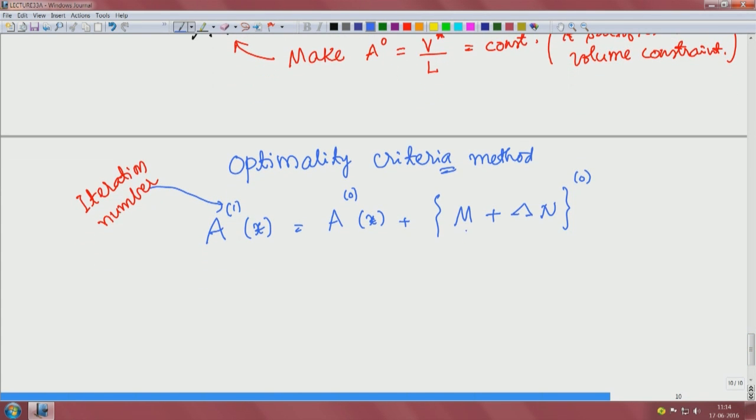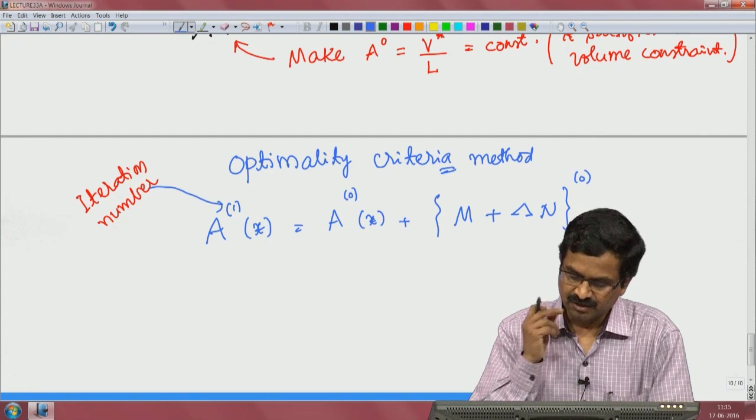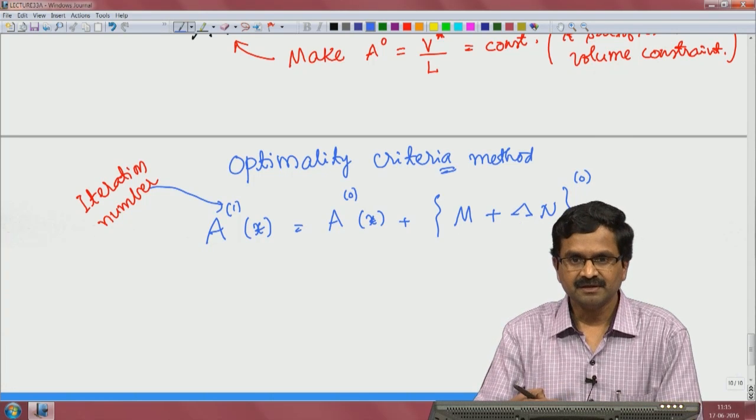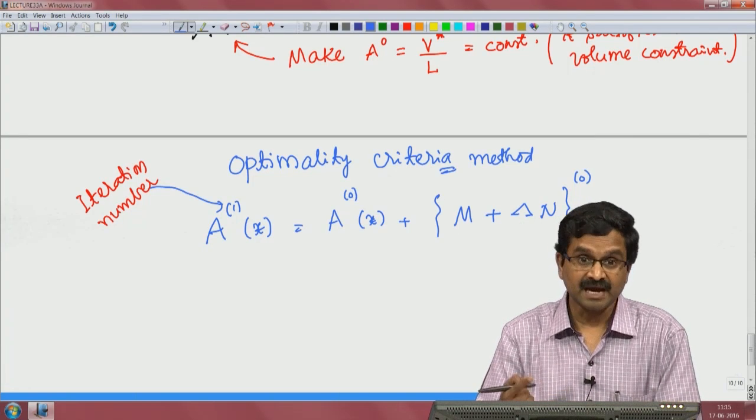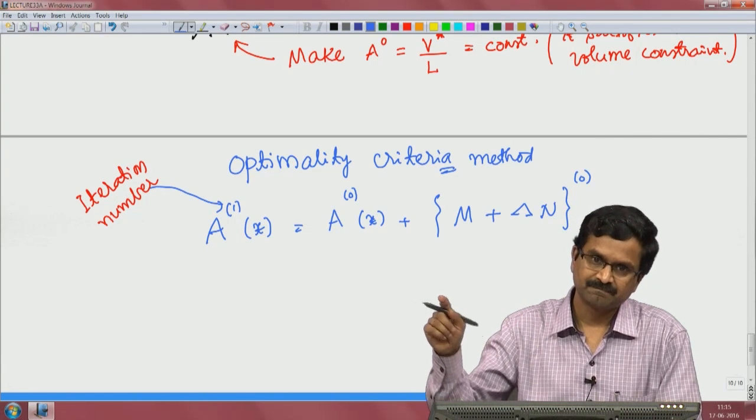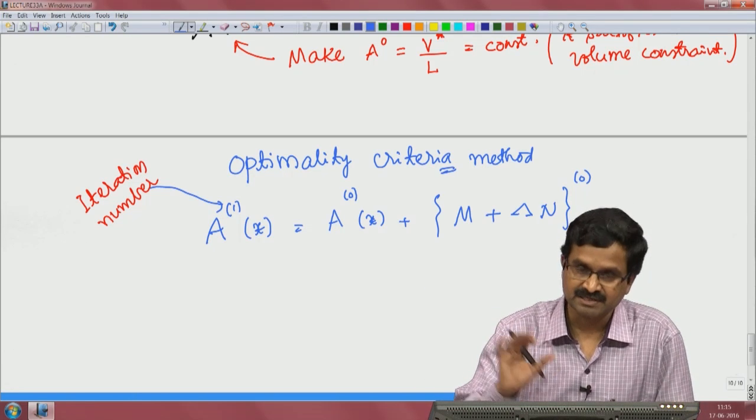M will have some expression. In the case of the D assumed, we got this as minus E alpha W double prime square, and n was 1. So we will always be able to compute that once you solve the governing equation, where the state variable is computed and hence its derivatives can be computed. There is this lambda that you do not know, but for that we have the volume constraint, which is active by the way, because we got lambda equal to E I W double prime square, which is the design equation.